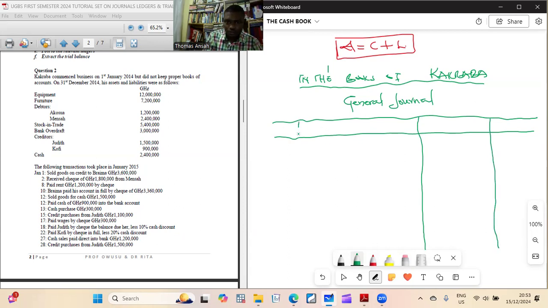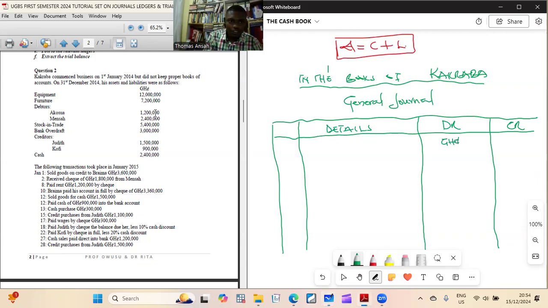All right. So we have here the debit side, right? And this is the credit side. We have details or particulars. Then you put your currency sign there.